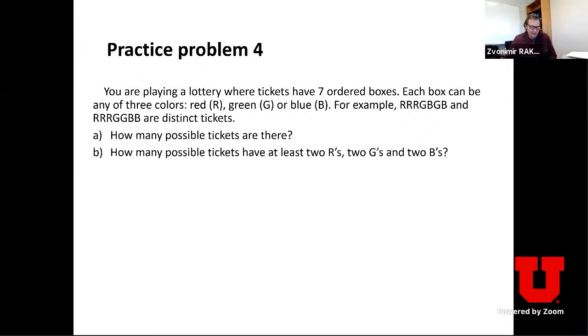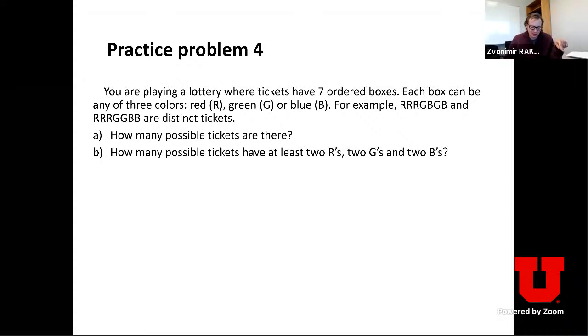Our second problem says you're playing a lottery where tickets have 7 ordered boxes, and each box can be any of 3 colors: red, green, and blue. Two example tickets are RRR, GB, GB, and RRR, GG, BB. Those two tickets are distinct tickets. I won't provide you hints anymore about order and repetitions and so on. You should figure it out on your own.